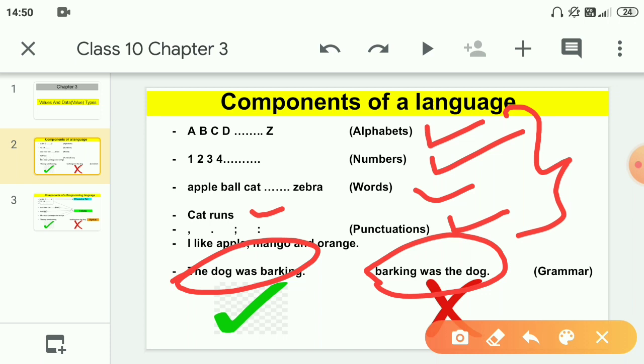Now, are all these components just applicable to human languages, or are they also applicable to programming languages? In fact, you'll be happy to know that yes, there is similarity between a normal English language and a high level programming language like Java.